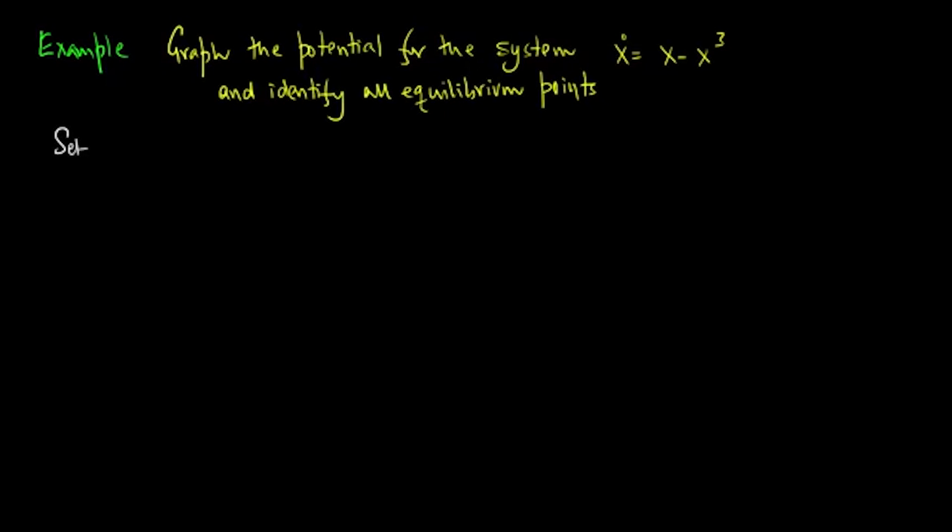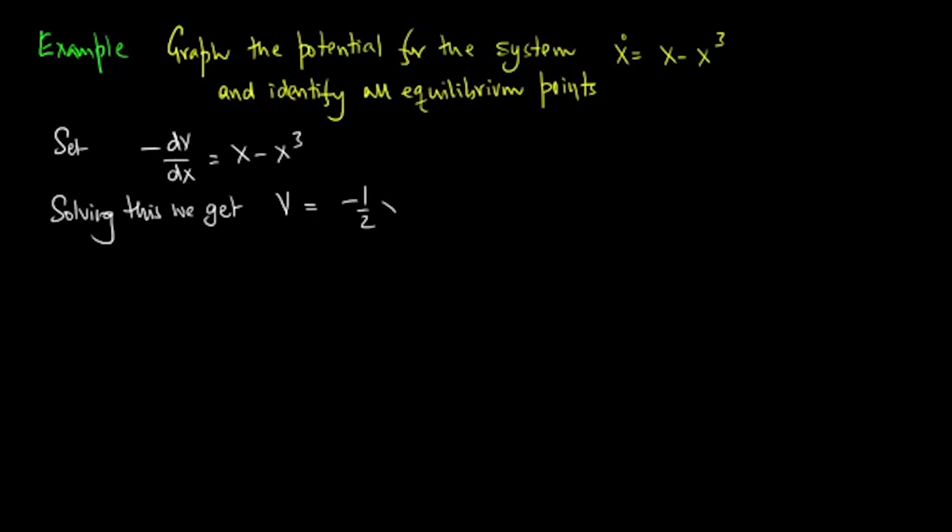So we set minus dV dx is equal to x minus x cubed, and solving this we get V is equal to minus a half x squared plus a fourth x to the 4 plus c1. So we let c1 be equal to 0.